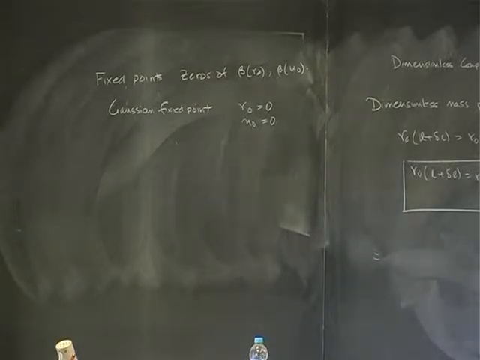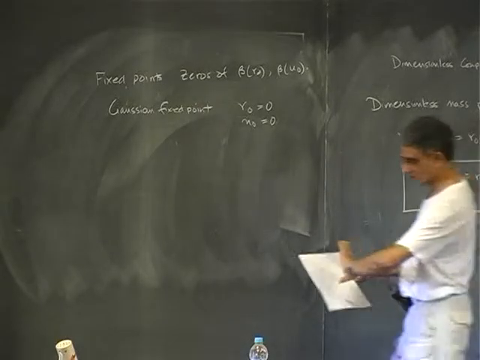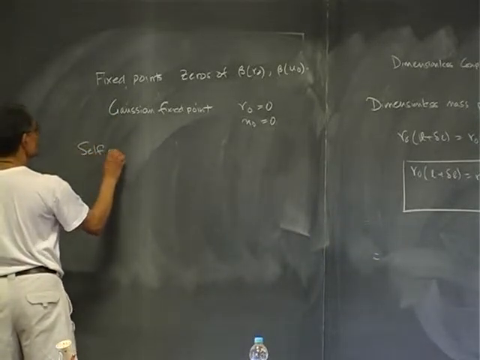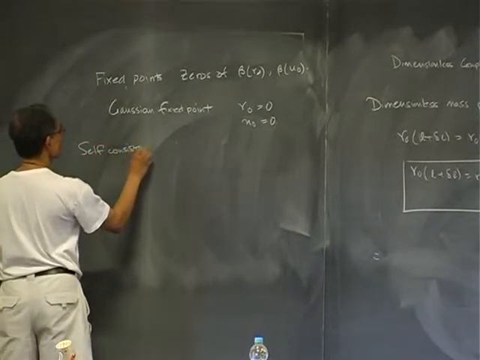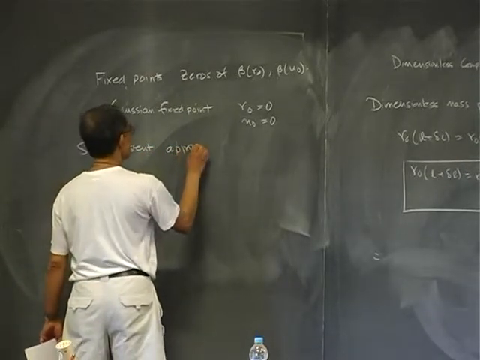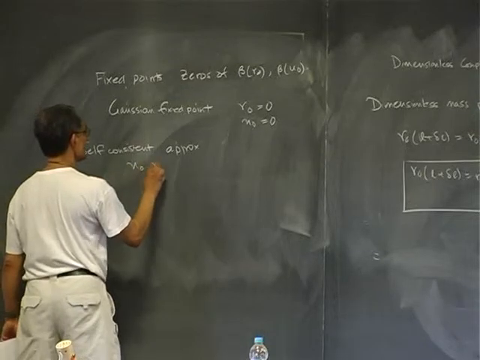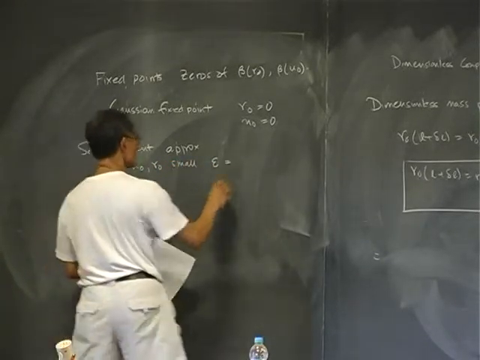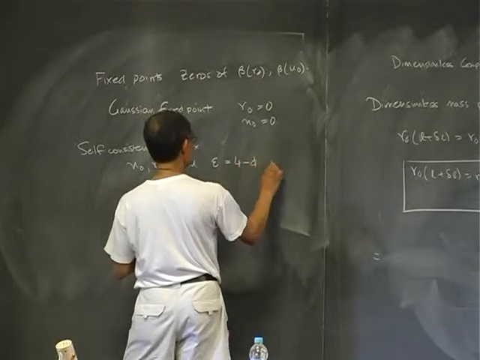We will now do a self-consistent approximation, where U naught, R naught are small and epsilon equals 4 minus d is small.